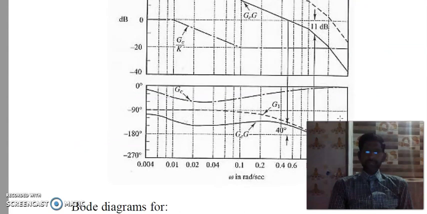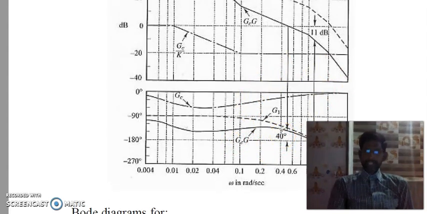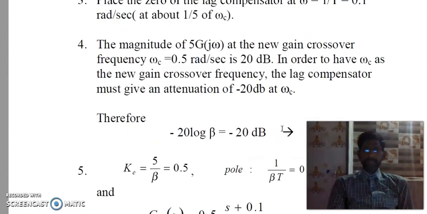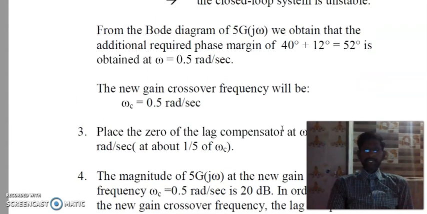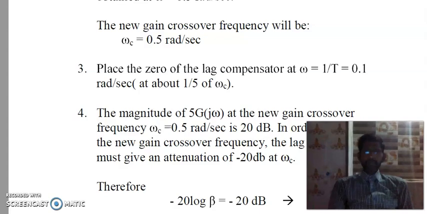We can observe here the Bode plot. Place the zero of the lag compensator at omega equal to 1 by T, equivalent to 0.1 radians per second, at about 1 by 5 of omega c.